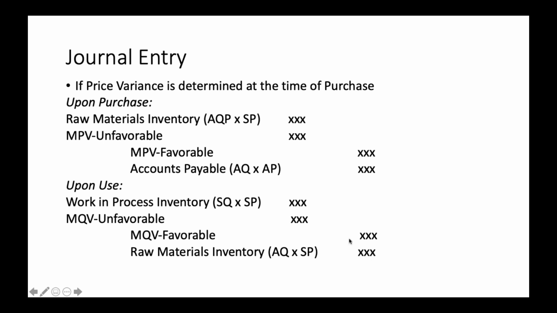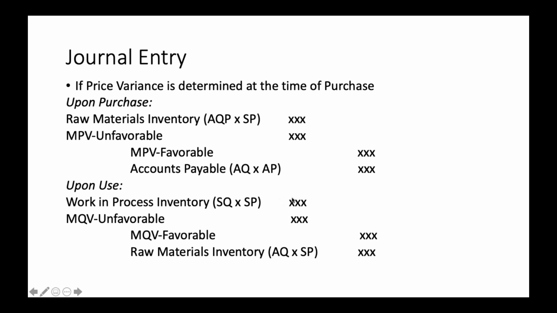So if we use less than our standard, that is favorable on our part because we were able to save some units of raw materials.